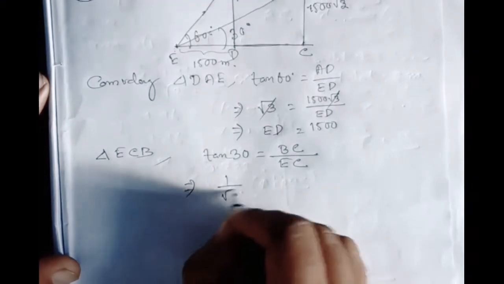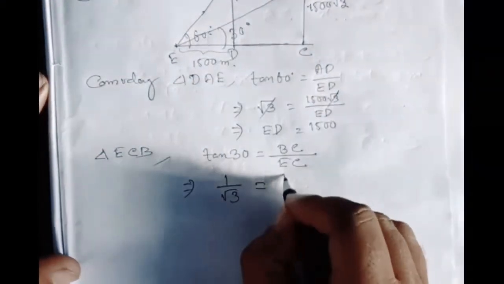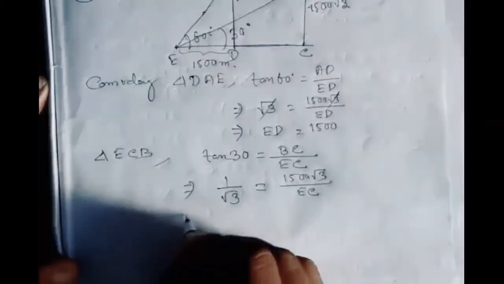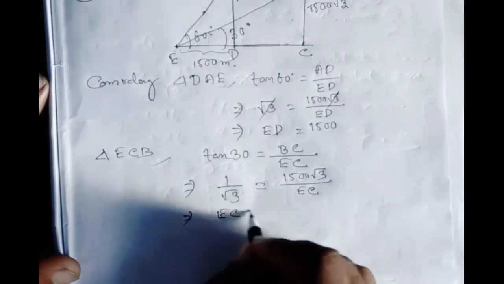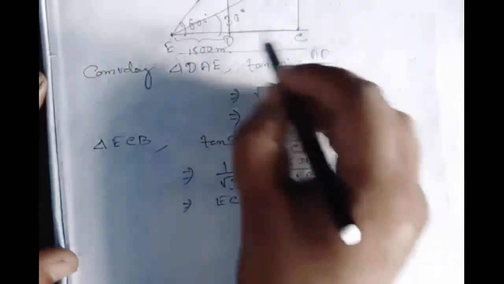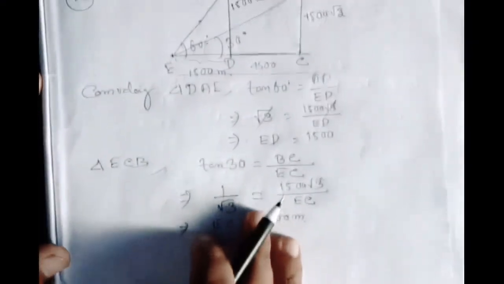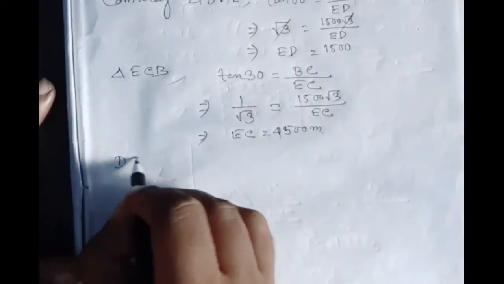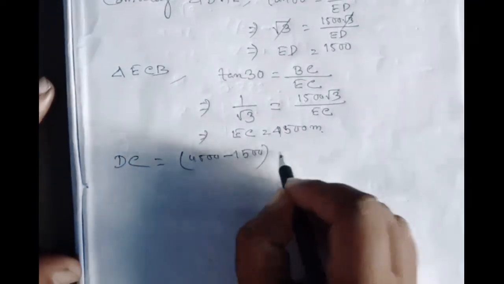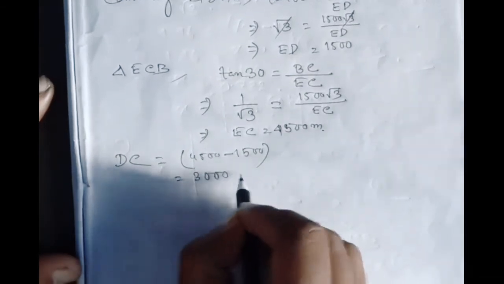Tan 30 means 1 by root 3, that's equal to 1500 root 3 by EC. If we calculate, EC is equal to 4500 meter. So DC is equal to 4500 minus 1500, that means 3000 meter.